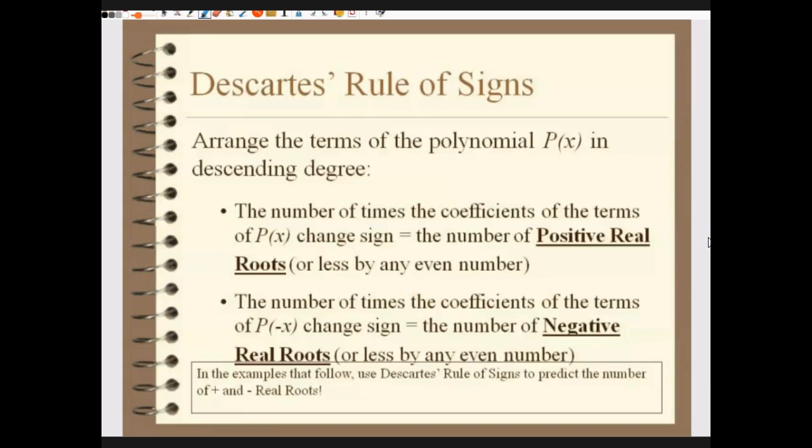So for Descartes' rule, what we're going to do is arrange the terms of the polynomial in descending degree.